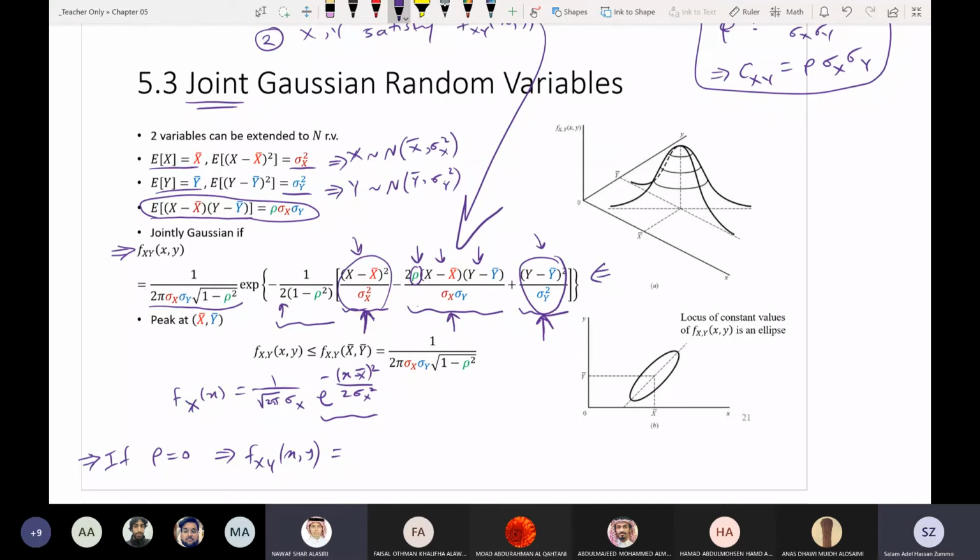Exactly. Why? Because this whole term becomes zero, which means I have only a single x part and a y part. And this becomes zero, sorry, becomes 1. Okay, so basically I have fx of x multiplied by fy of y. You see it?